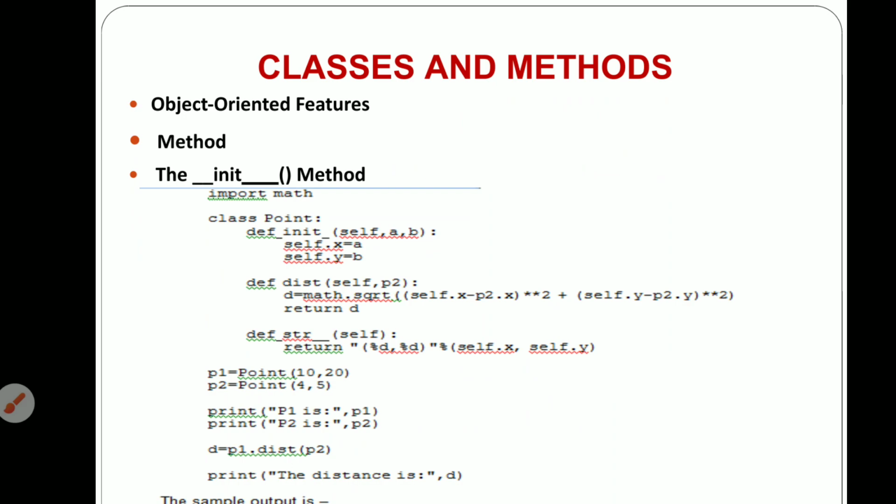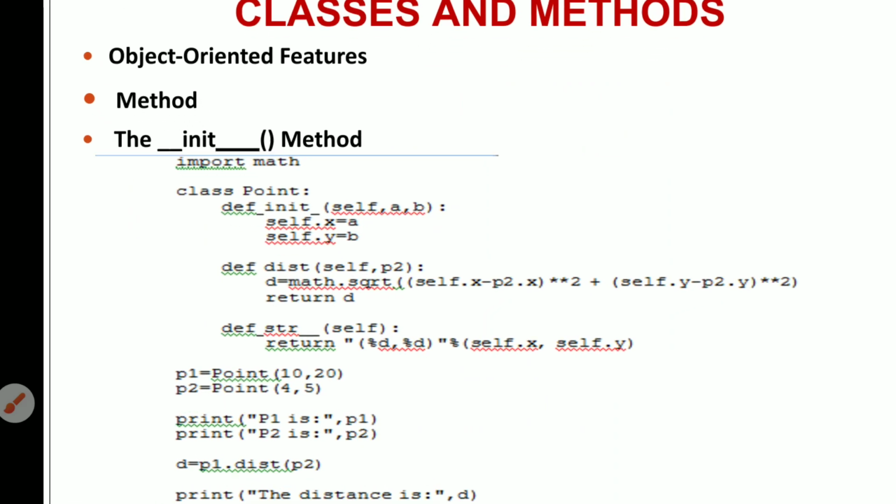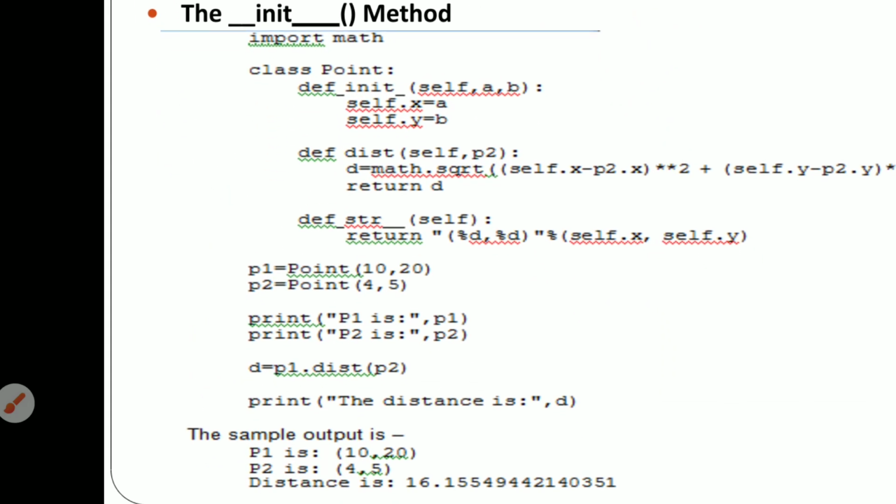Once again it sets the x and y. After setting, the attributes are in different memory locations for every object. The first object takes the attributes 10 and 20, and the next object takes 4 and 5.